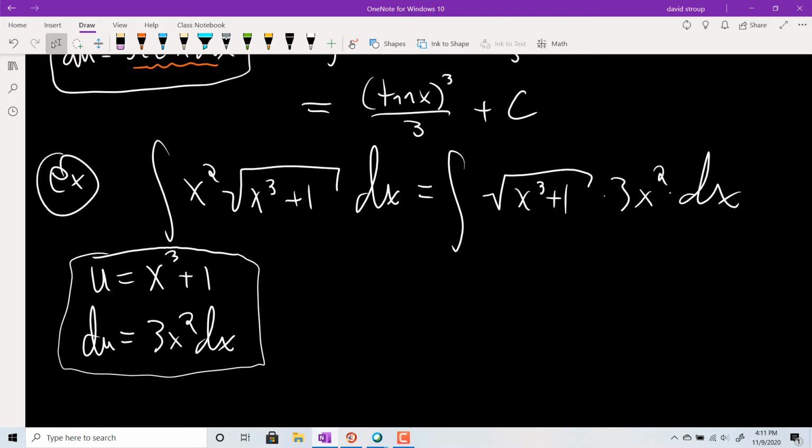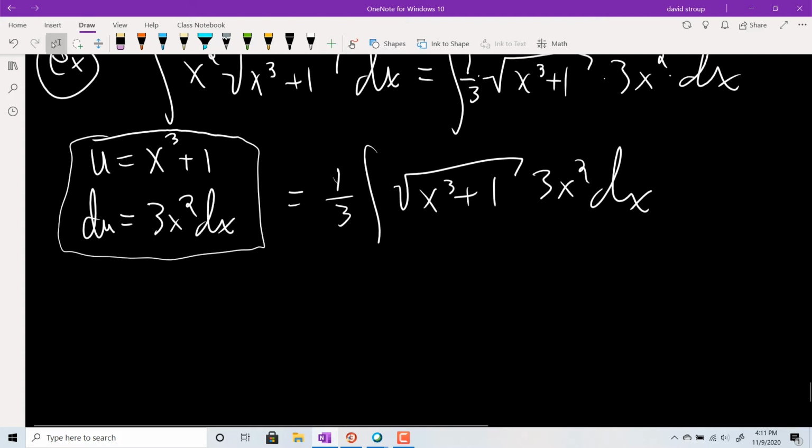I cheated a little by including that x squared. I just used the commutative property to move the x squared over, but then where did that 3 come from? Well, you can make it work out by plopping in a 1/3 as well, because 1/3 times 3 is just 1, and you can multiply anything by 1 and not change it. And then you can factor out the 1/3, and you end up with the square root of u times du again.